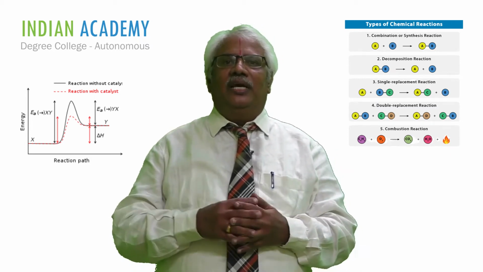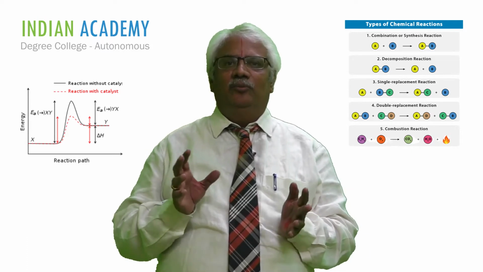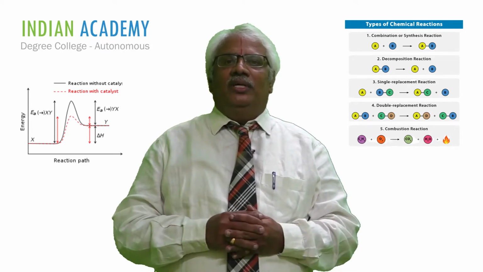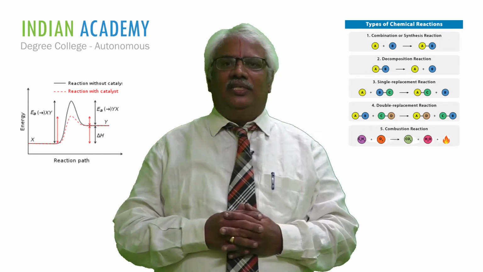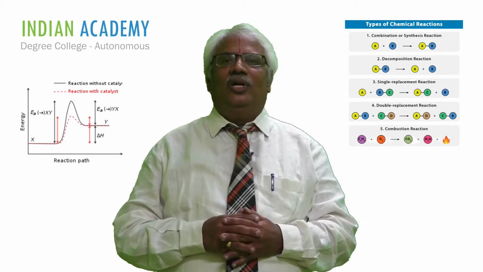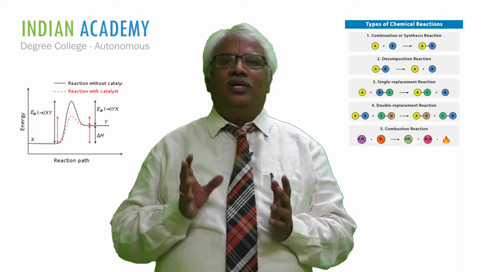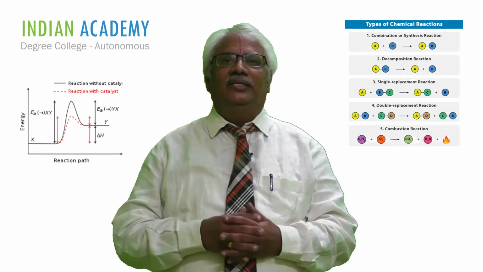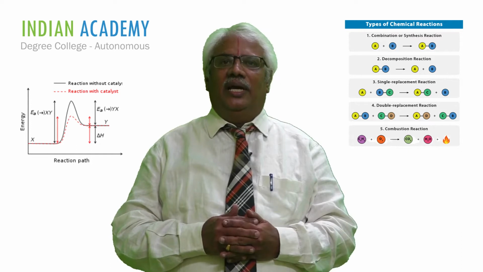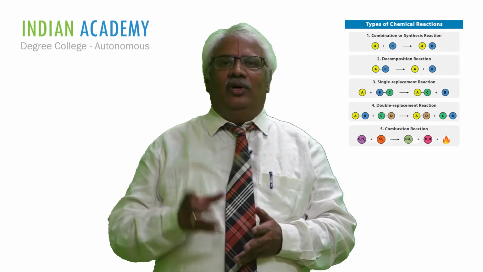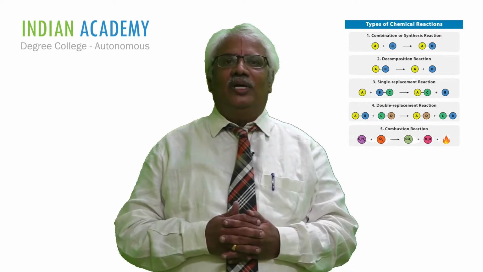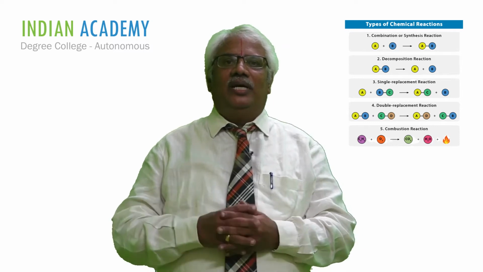Suppose you take the reaction A plus B gives products. The rate, which is nothing but the velocity of the reaction, is always directly proportional to the concentration of reactant A as well as reactant B.